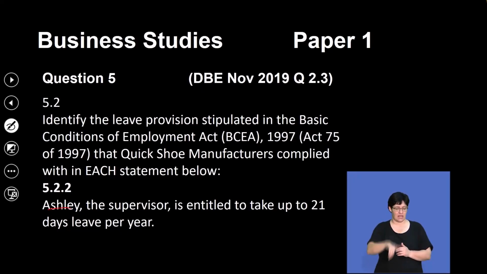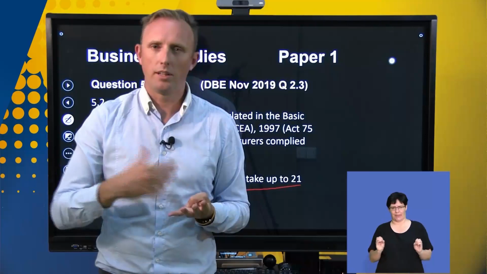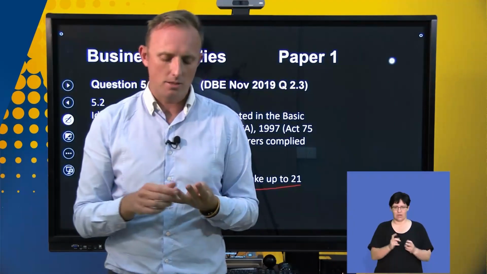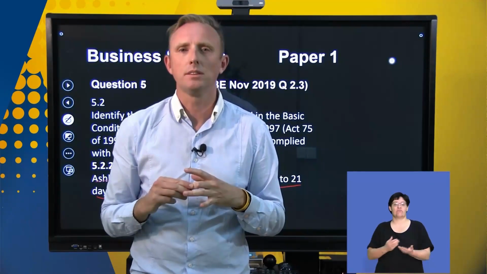So Ashley, the supervisor, is entitled to take up to 21 days leave per year. All right, so it's not mentioning anything about him potentially being sick, so it is not sick leave, and it's not mentioning anything about family responsibility leave. It's just saying that he is entitled to 21 days of leave.